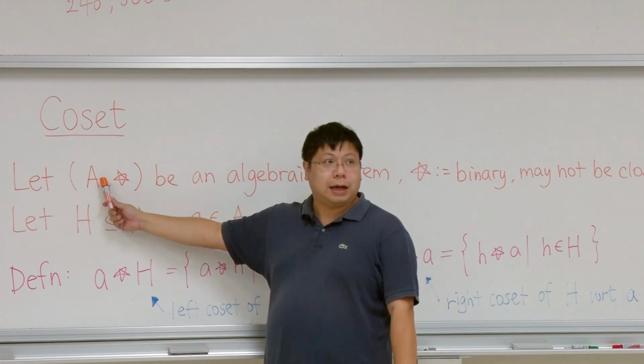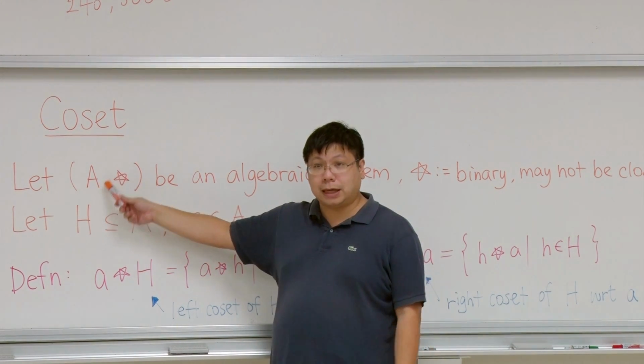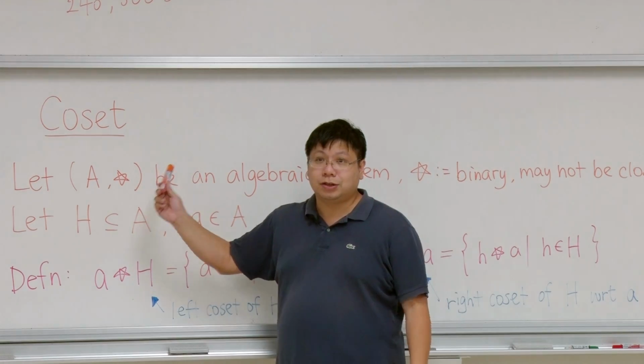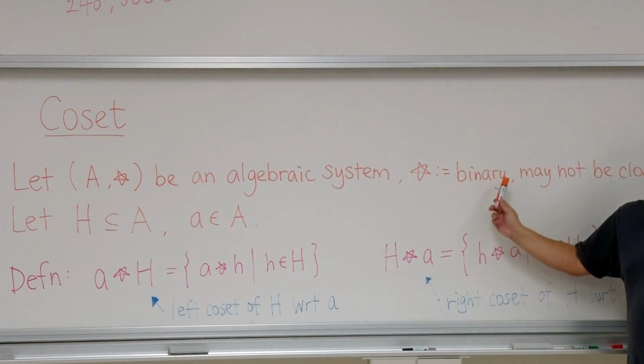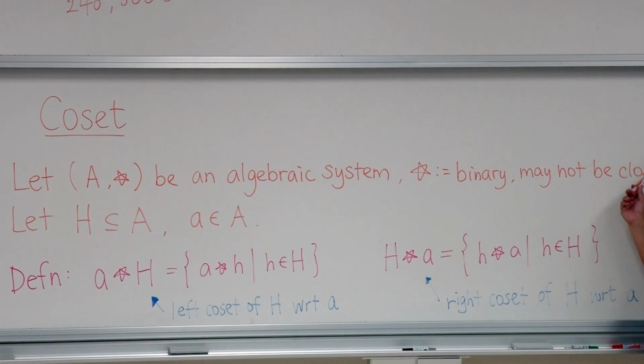Let's look at an algebraic system which has a set A and an operator. This operator is binary, and it is not necessarily closed. So it is a very basic algebraic system: you just have a set and an operator, and you don't care whether it is closed or not.